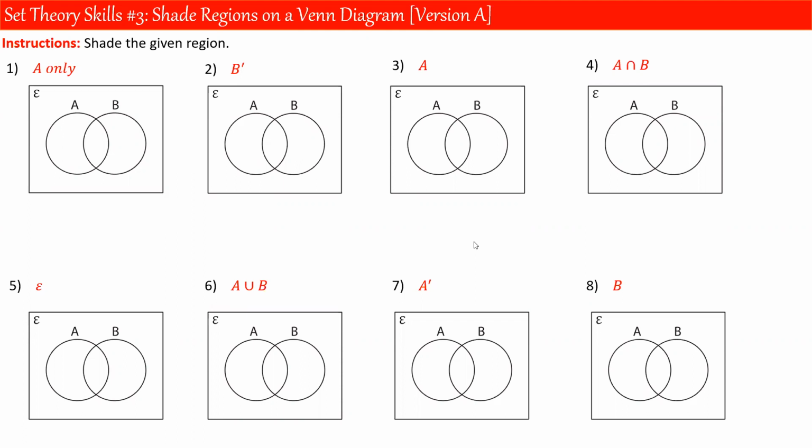Okay, Daniel. Let's see, Daniel. Daniel, where's your notes? Oh, I see them. Good. All right, Daniel. A only. Daniel, for A only, did you see the intersection? Daniel Edburn.